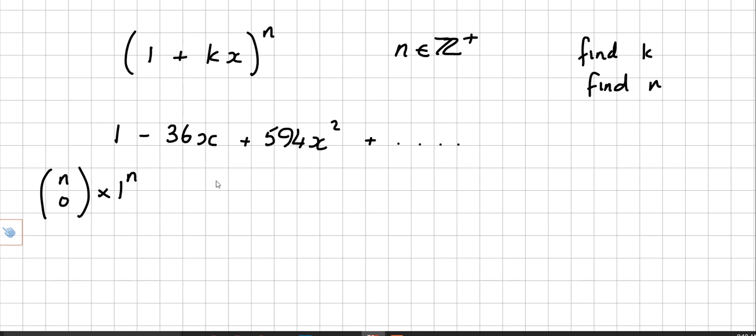The next term, though, would be nC1, which would actually equal n, and it's going to be multiplied by 1 to the power of n minus 1, which will still be 1, so that doesn't affect things. But this time it's also multiplied by kx to the power of 1.